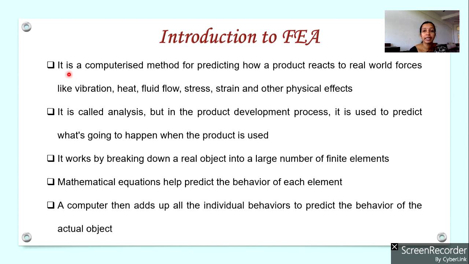It is a computerized method for predicting or testing how a product reacts to real world forces such as vibration, stress, strain, heat, etc. Okay, so we have studied CAD and we know that CAD is used for designing components as well as for making realistic 3D images of components.